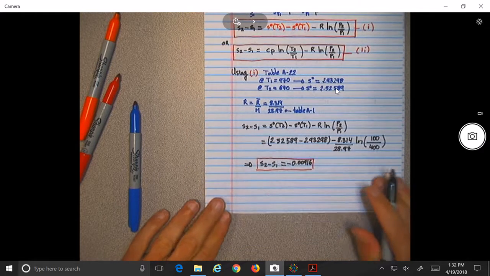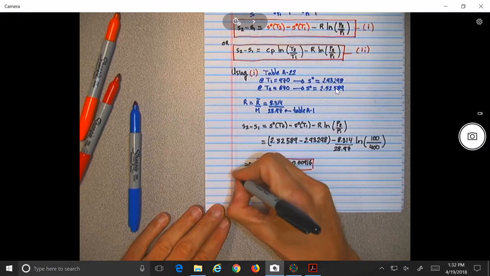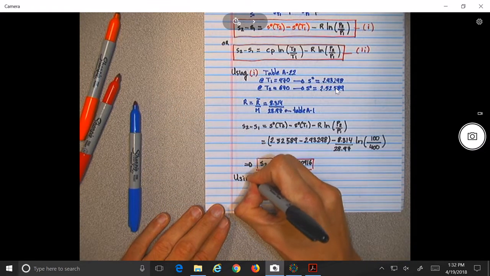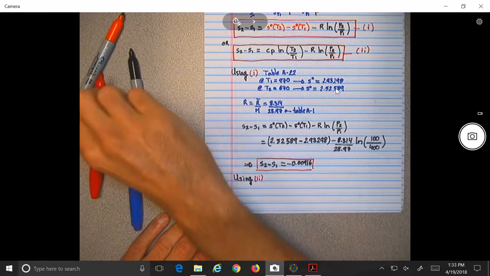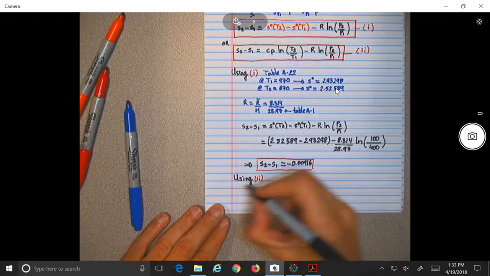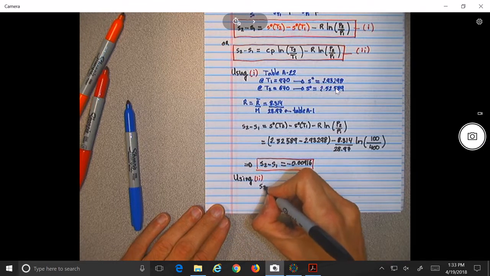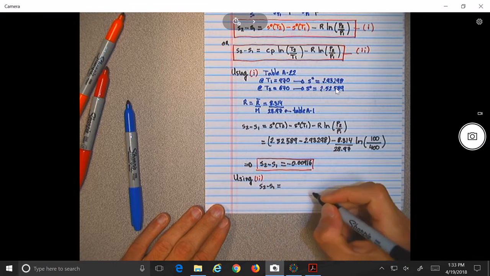Okay, so let's see if we can do everything on the same page. So using the second equation, which is what? S2 minus S1 equals what?